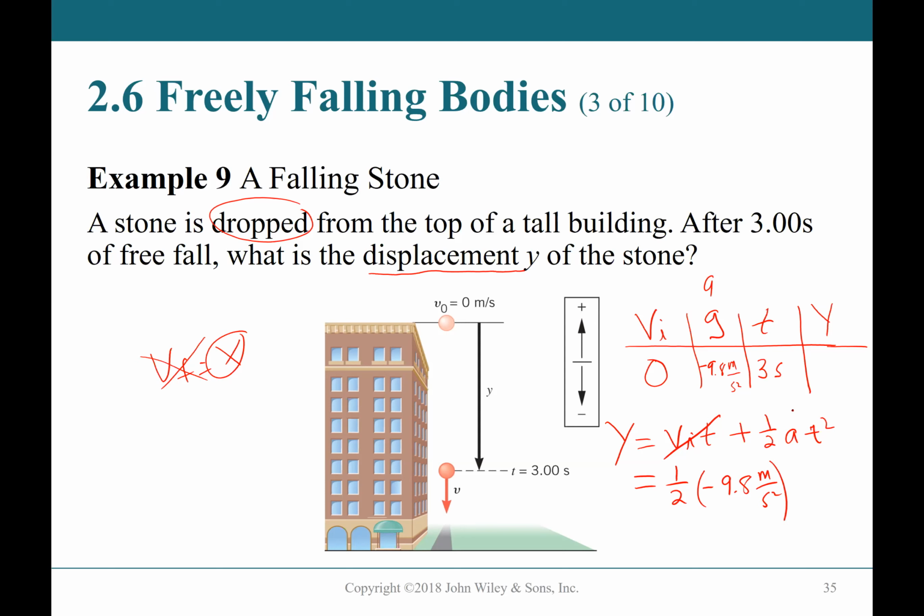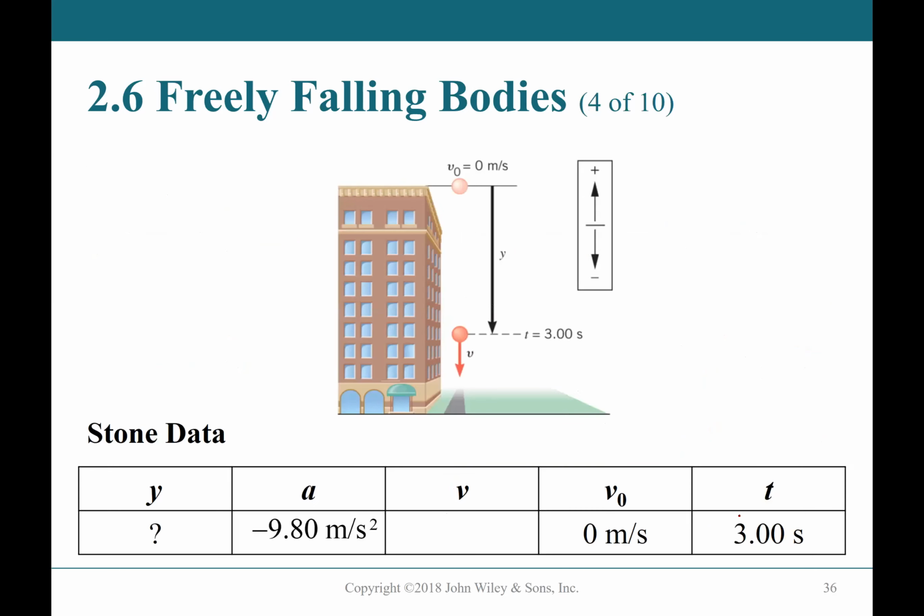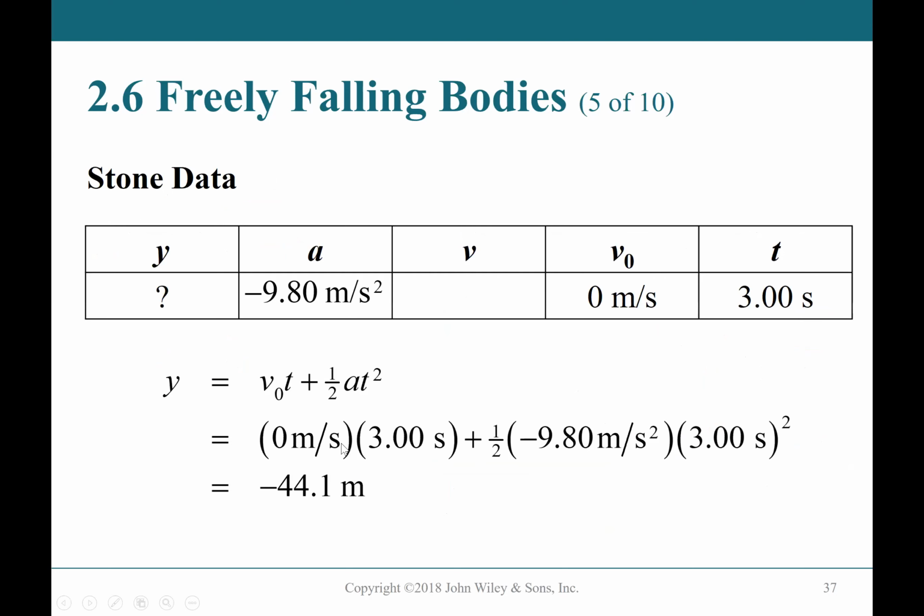T is 3, 3 squared is 9. So I got 9 second squared. Second squared cancel out. And when I solve that, I'm going to get some number that's negative. So here we have, again, we solve the problem and we get negative 44.1 meters.